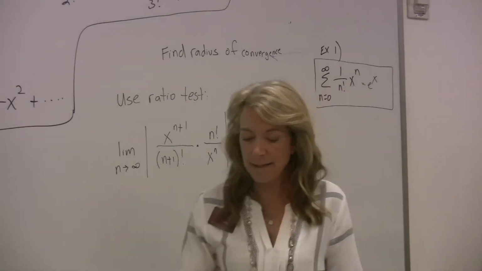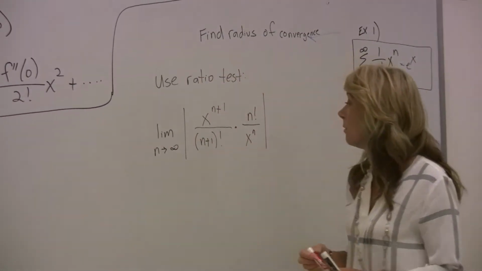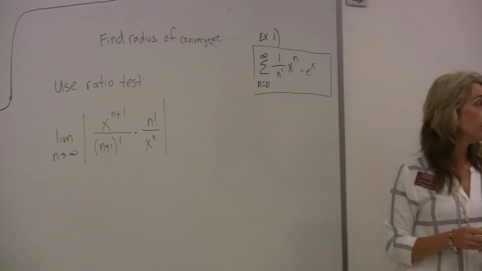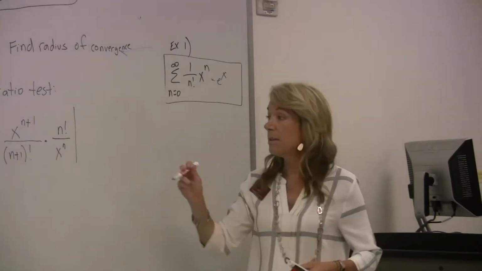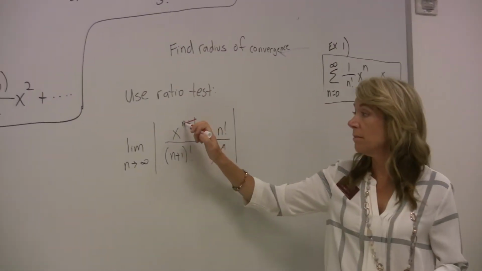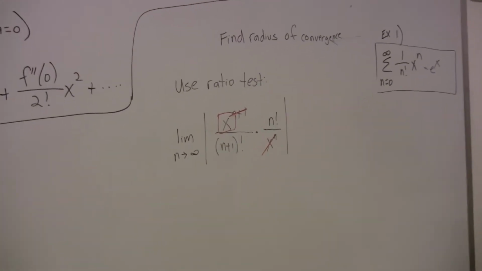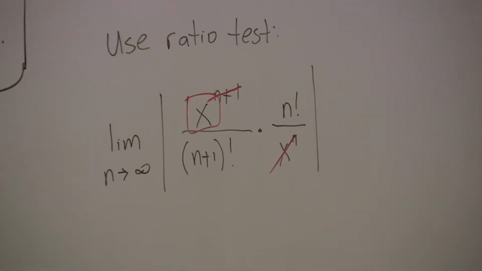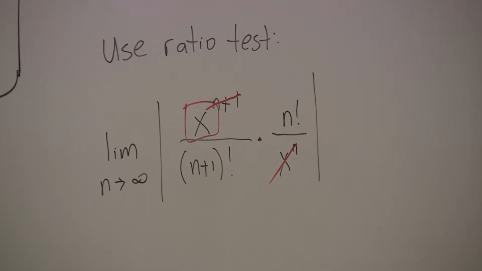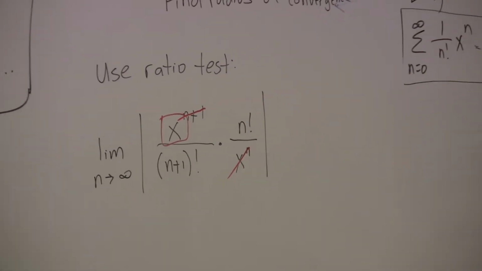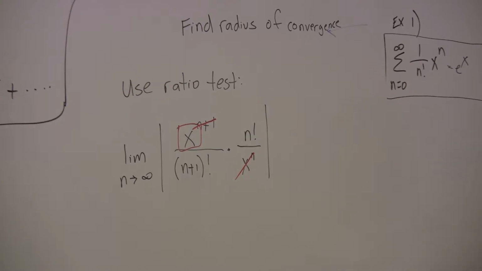Some of this cleans up nicely. What happens to my x's? I'm just left with one more x on the top, right? All I have left is this x here, and one extra one up there. And what about those factorials? The n factorials will reduce.